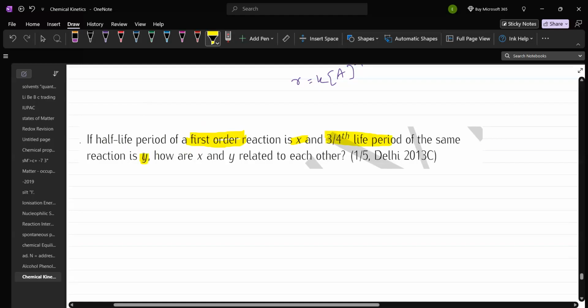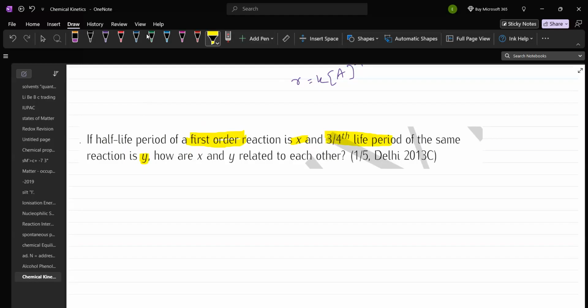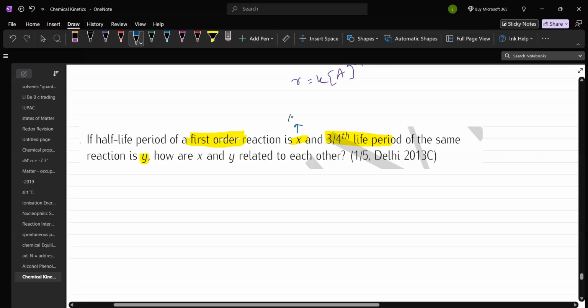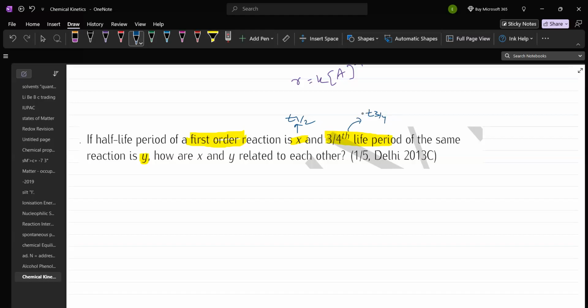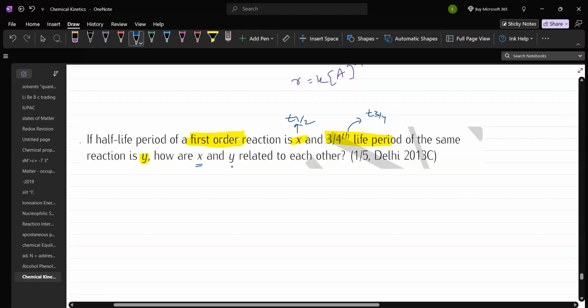This is another time period, T3/4. Like this is T1/2, half life, right? Yes, sir. And this is T3/4. Here 50% is gone, and here 75% of the reactant is exhausted. So you have to find the relationship between x and y. Yes or no?